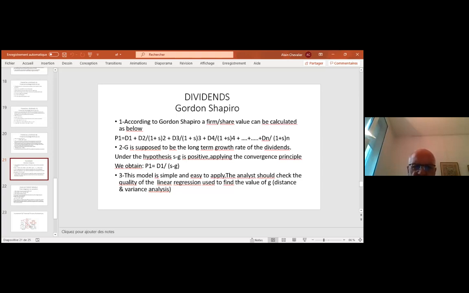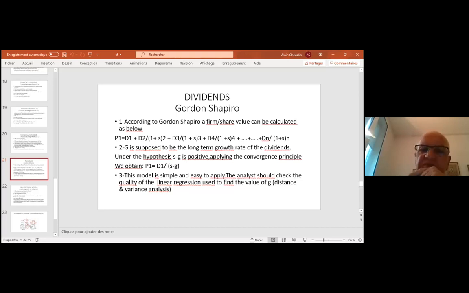This is what we call a series. And series have a characteristic that under certain conditions, they converge. What does it mean? It means under one hypothesis, which is very simple, that S minus G, G being the long-term growth rate of the dividends, S minus G is positive.